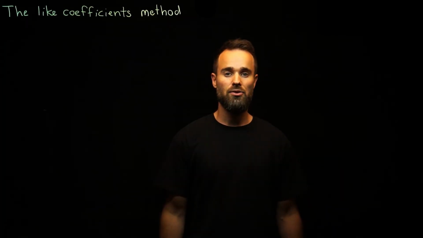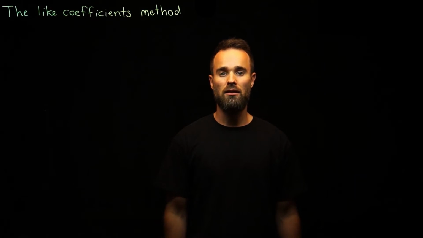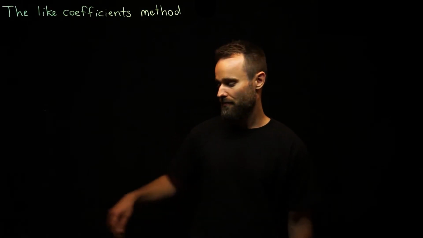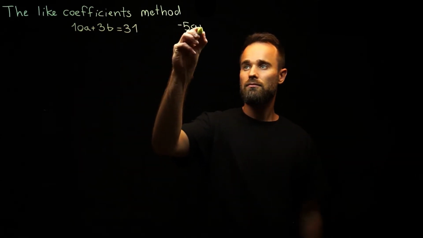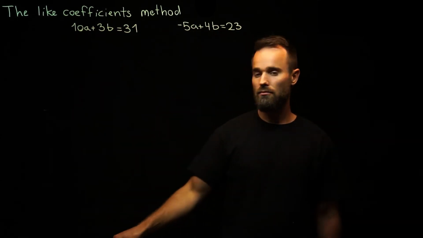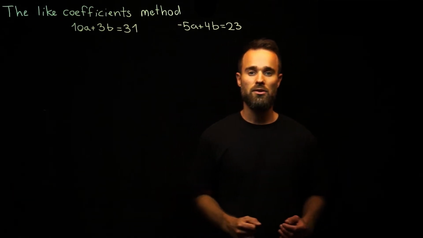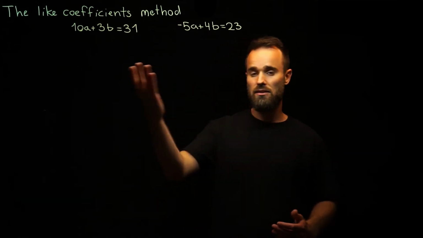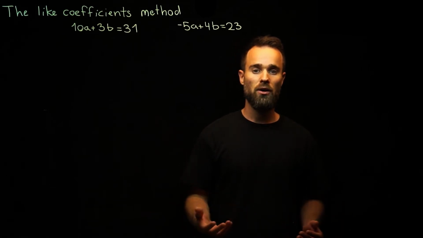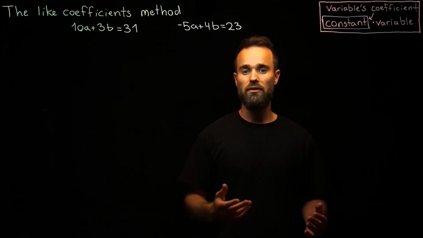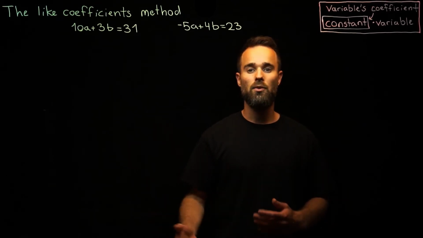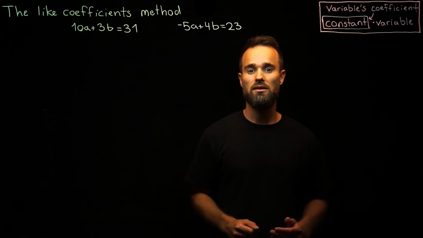In this method, we also want to obtain an equation with only one variable. We can do this by either adding or subtracting the equations from one another. But before doing so, it might be necessary, as is the case here, to rewrite one or both of the equations such that the coefficients of one of the variables is either the same or opposite in both equations.